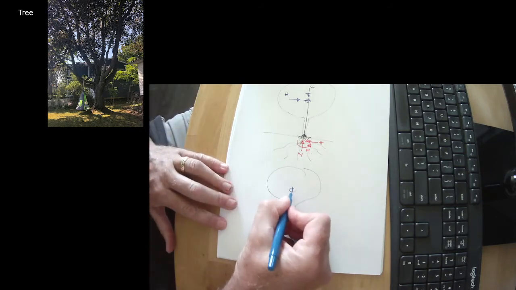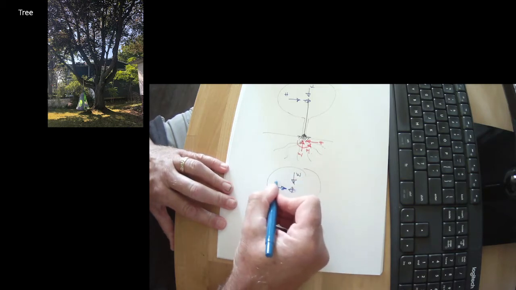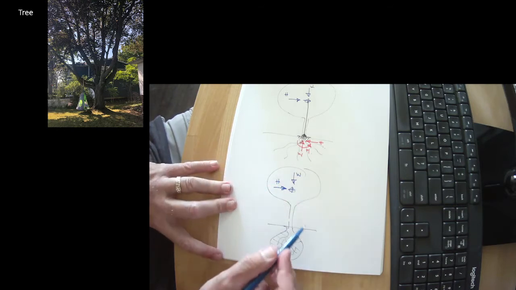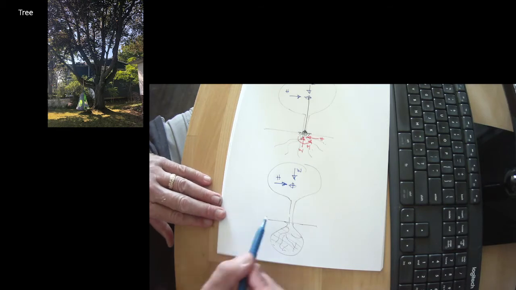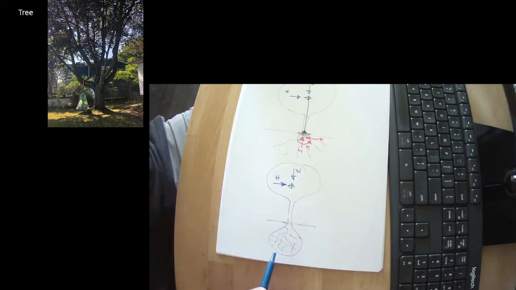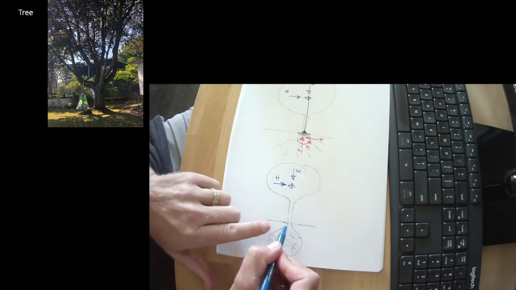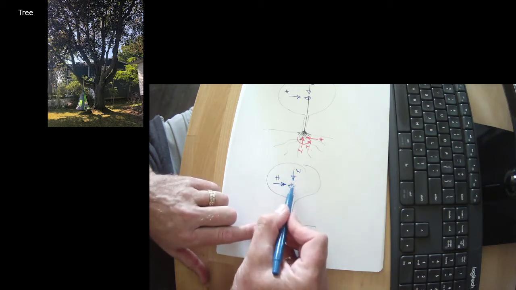So we have horizontal load due to wind, we have a vertical load due to weight. And now what's going on down here? Well, the weight, its own weight, doesn't really help us if our resistance is all here in the center.